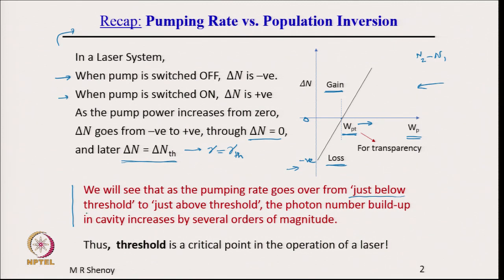We will see in this lecture that as the pumping rate goes from just below threshold to just above threshold, the photon number build up in the cavity increases by several orders of magnitude. We will make this derivation and put in numerical values to see this.